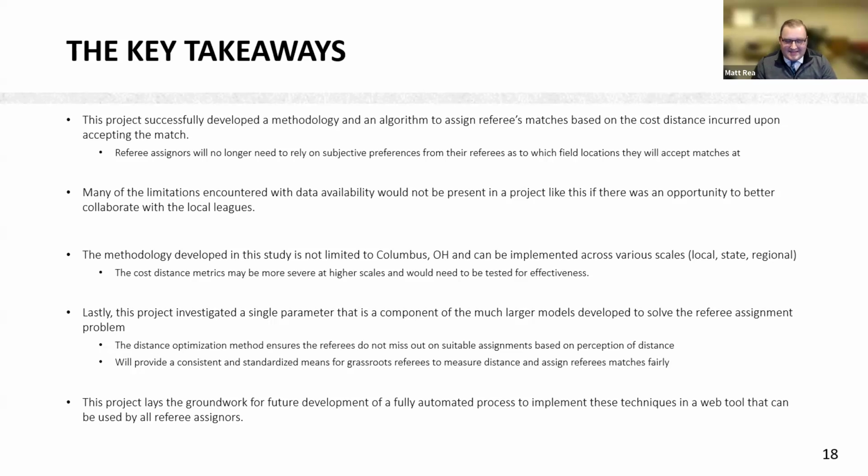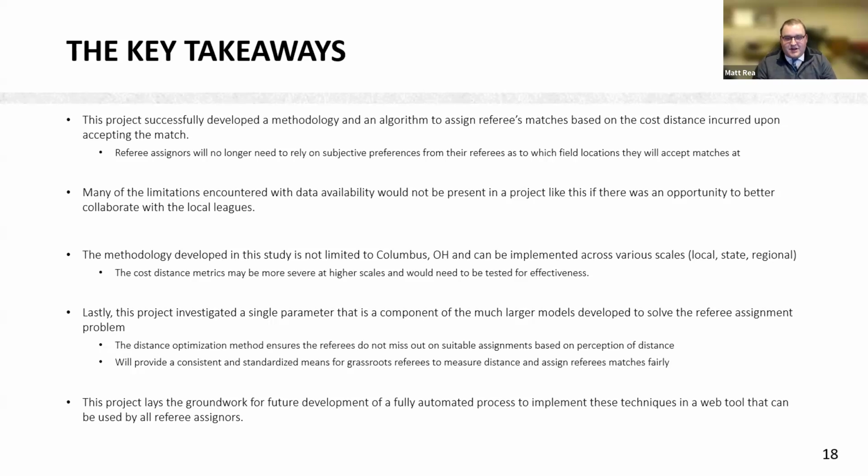And if this was implemented in an actual league, many of the limitations that I encountered in my data set just wouldn't be there because they would have a full data set, which opens up a future research opportunity to really understand the spatial patterns in dispersion of fields across Columbus and how that correlates to the actual referee populations.